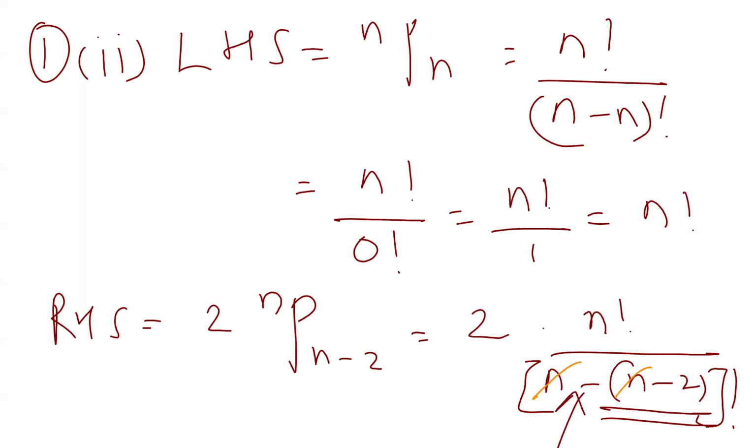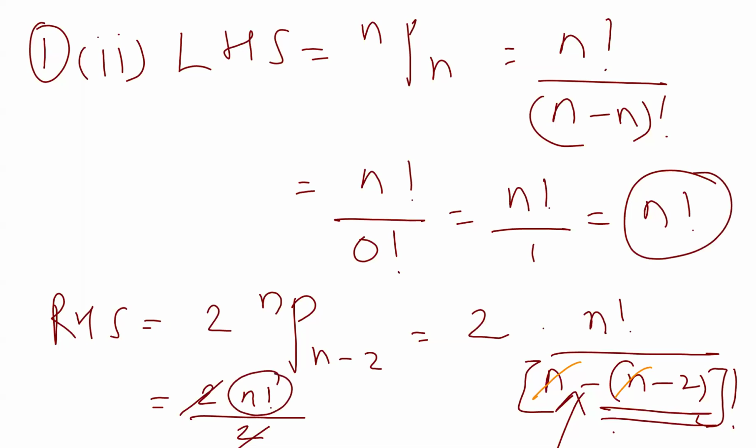So n and n is gone, so 2 factorial. Minus minus is plus, so that is equal to 2 factorial within the box bracket. So 2 into n factorial, and this 2 factorial will be 2. So this and this are getting cancelled. So LHS equals RHS.